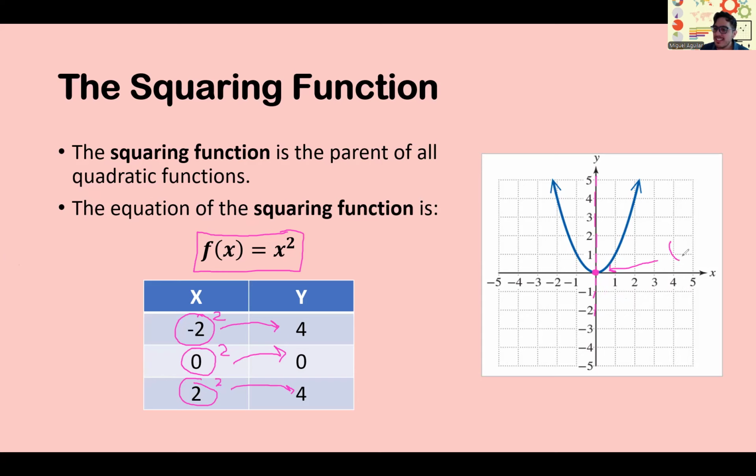The vertex is at 0, comma 0, right? And it has an x value equal to 0, right? It turns out that maybe one of the easiest ways to identify the axis of symmetry is just to find the vertex and then just write x equals whatever the x value of the vertex is. In this problem, it happens to be 0.